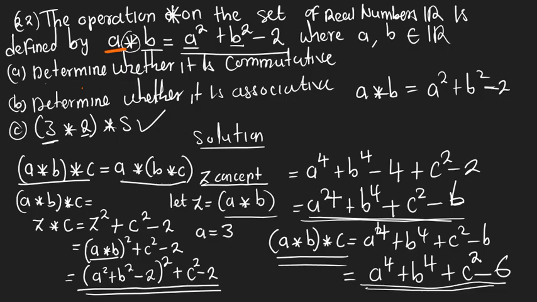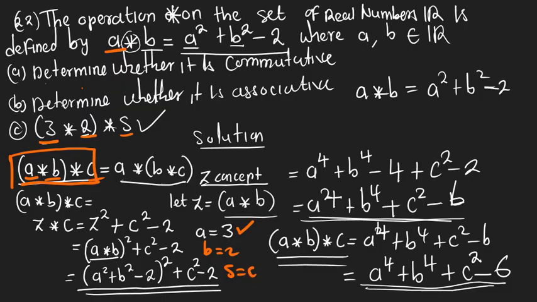For the distributive case, A is correlating with 3, so A is equal to 3. B is correlating with 2, so B is equal to 2. 5 is correlating with C, so C is equal to 5.